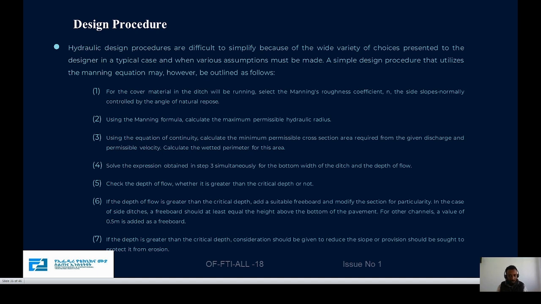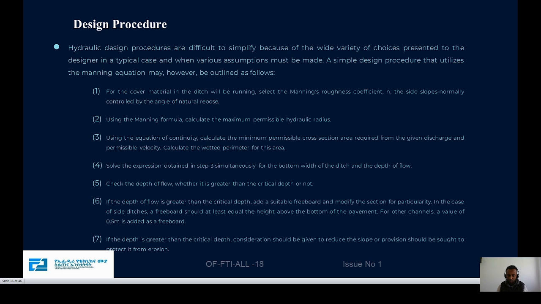The design procedure using Manning's equation is simple. First, for the covering material in the ditches, select the Manning roughness coefficient. Then, using the Manning formula, calculate the maximum permissible hydraulic radius.